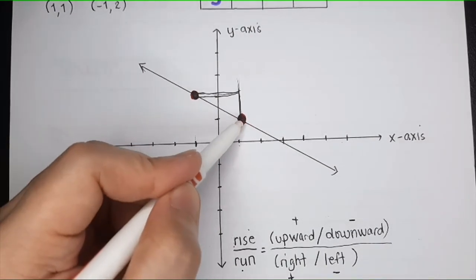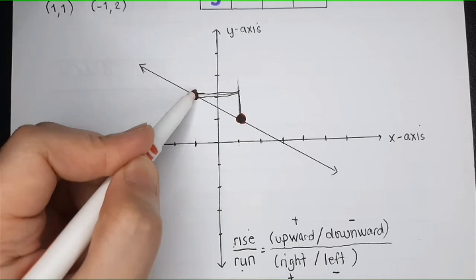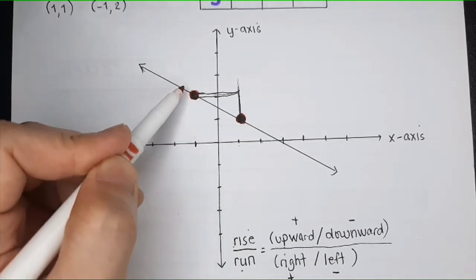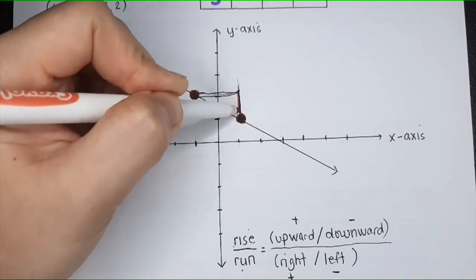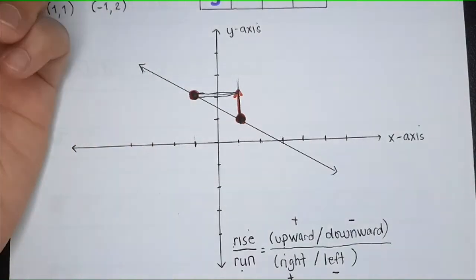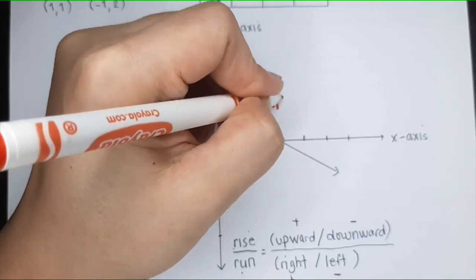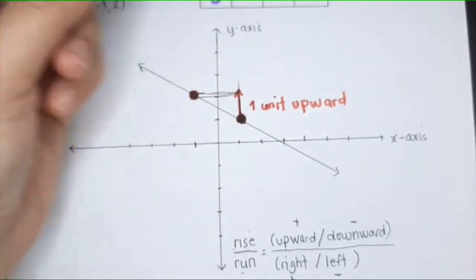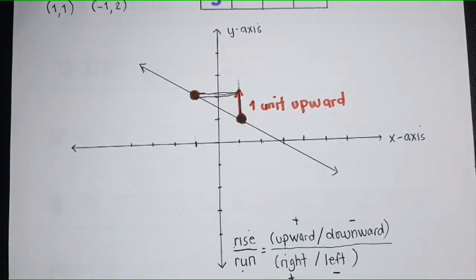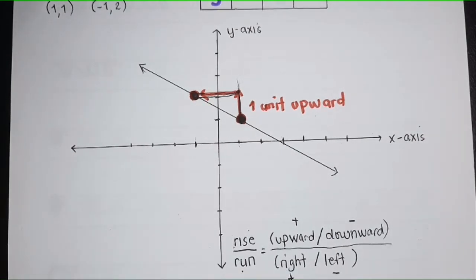Let's say this is the starting point and pupunta siya dito. Okay? As you can see, this point moves 1 unit upward. Let me write it. Okay? So the point moves 1 unit upward and then 2 units to the left.